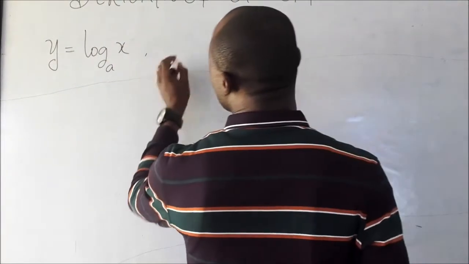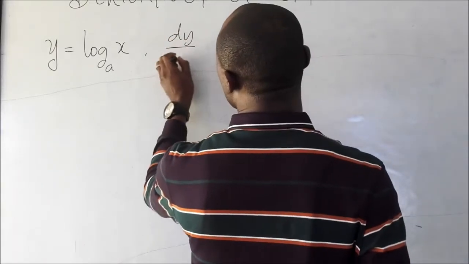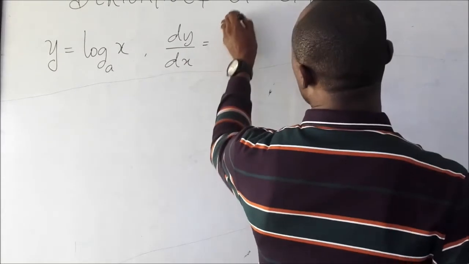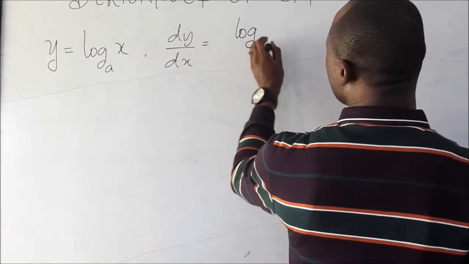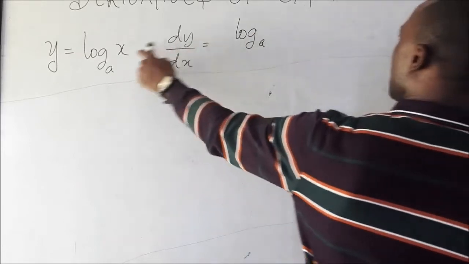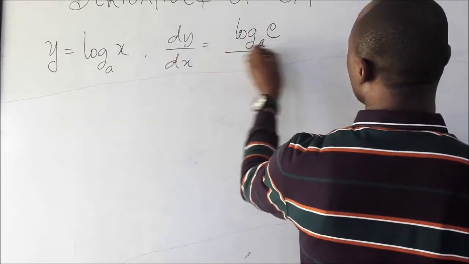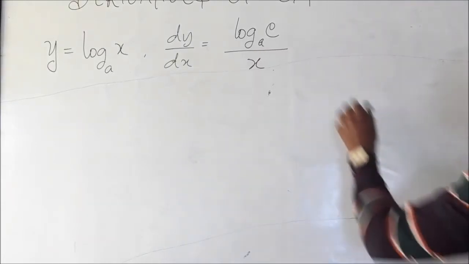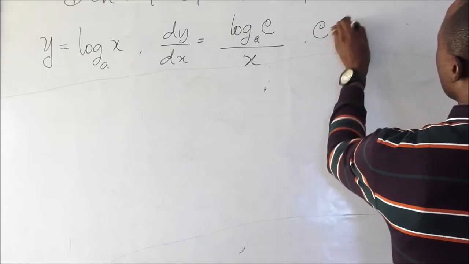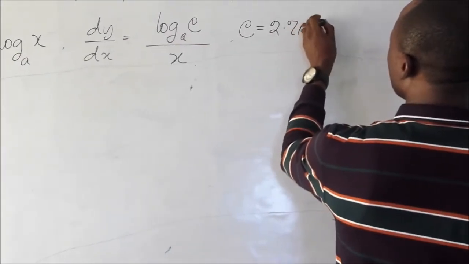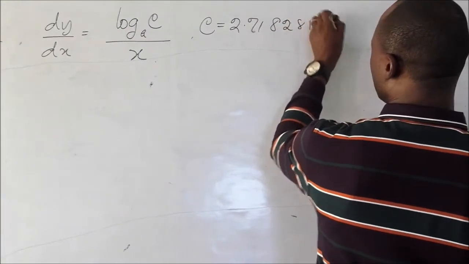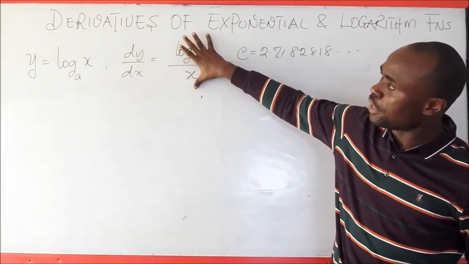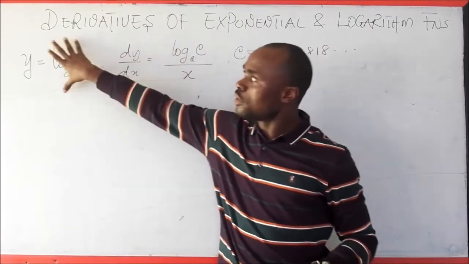If we differentiate this function, dy/dx is simply going to give us log a, still the same base, of a constant e, and this will be divided by x, where e is 2.7182818, and so on and so forth. Now, this is the derivative of this function.